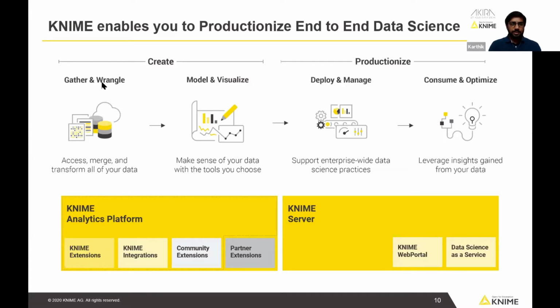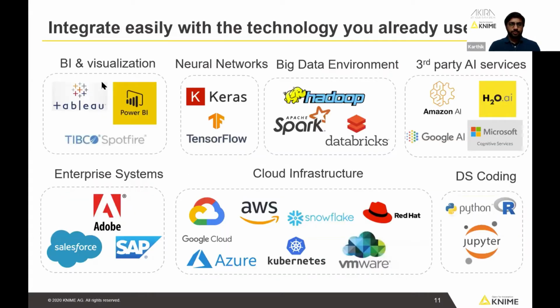Basically all those verticals, from visualizations to deep learning neural networks to big data environments and third-party AI models like H2O, and enterprise systems with cloud marketplaces. KNIME can be hosted on the cloud of AWS and Azure, and also supports leading programming tools like Python and R. It supports all those integrations, which is very convenient.